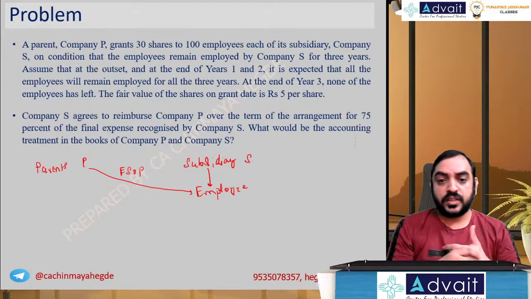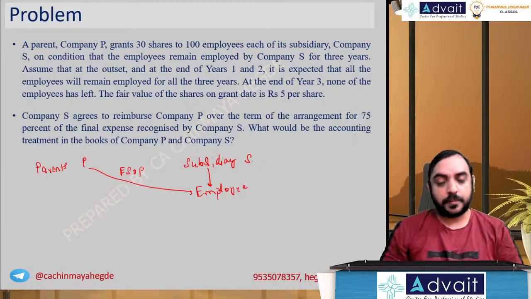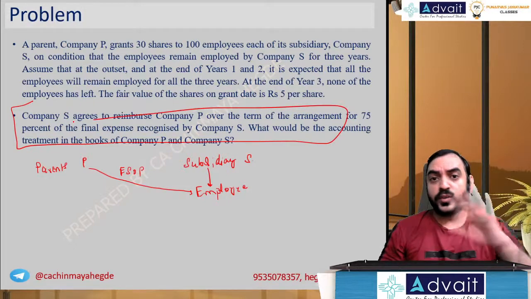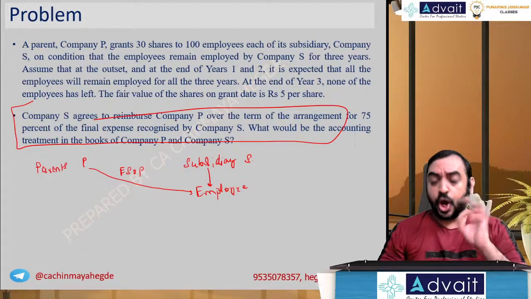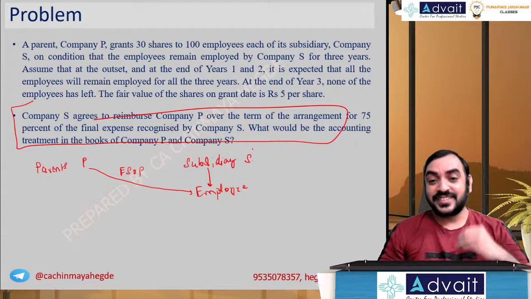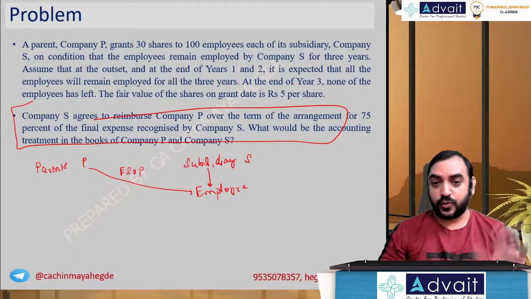What should be the accounting treatment in the books of company P and company S? Please think: if this statement was not there and the grant was given directly, what would be the situation? How would the subsidiary have recognized this payment amount, 5 per share, whatever the amount to be paid?